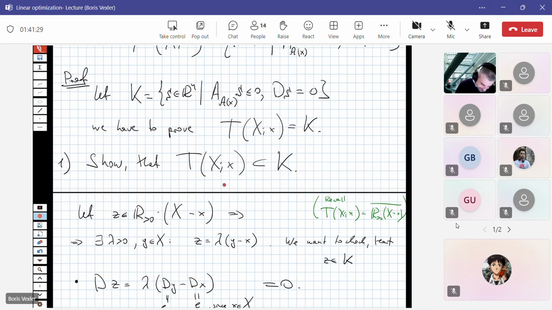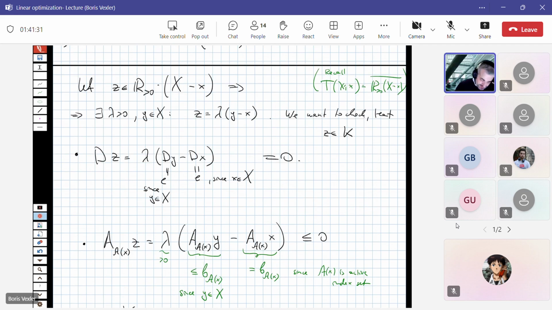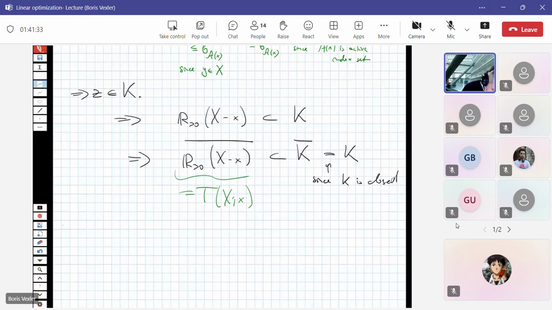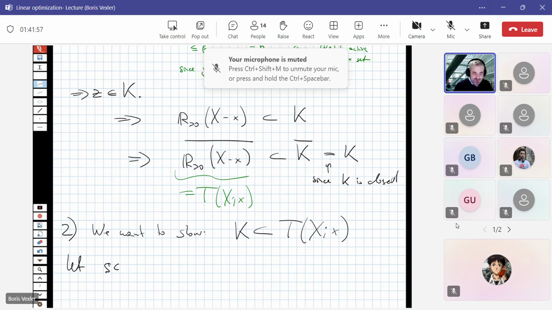Good. Now the second step. Now we have to do it the other way around. Now we want to show what does it mean?